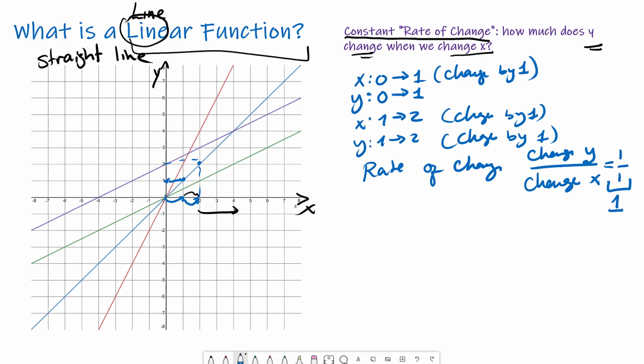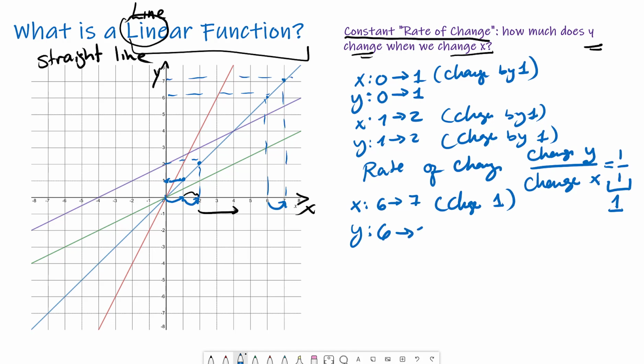The idea, though, is that it's a constant rate of change. So if we look also at, say, x goes from 6 to 7, out here, so we've changed x by 1. Let's see what y does. Y goes from 6 to 7.